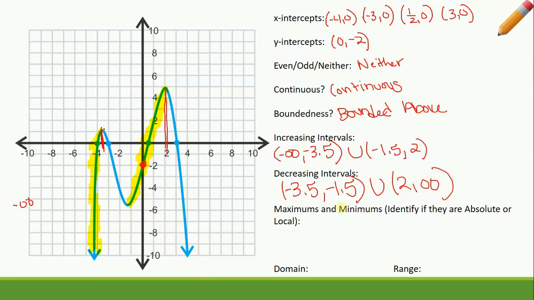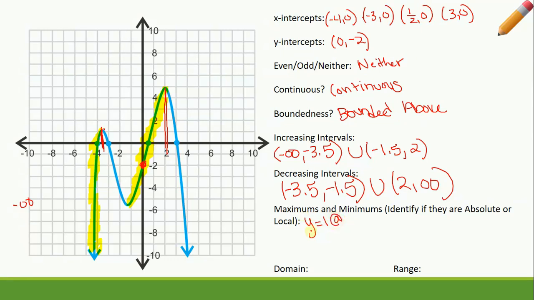Right there. Maxes and mins. So I have a couple of maximums. I have a maximum right here at y equals 1. Now here's where I talked about there's a couple of different ways that you can write it. You can either write it with the ordered pair, or you could say that y equals 1, or you could say the maximum occurs at x equals negative 3.5.